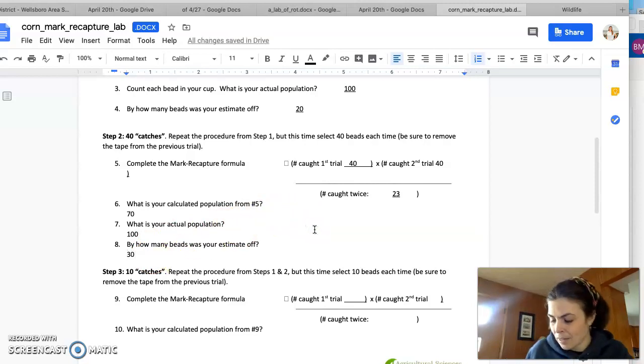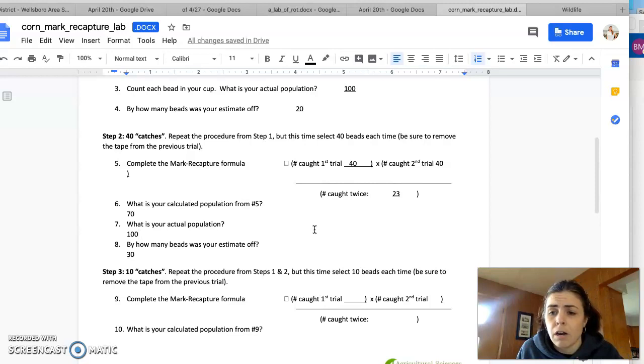All right, I'm going to put my corn kernels back in my bag for that one. And that obviously can happen in real life also, that estimates depend on where the marked animals are in the population.